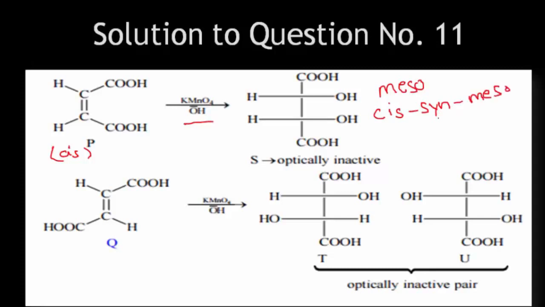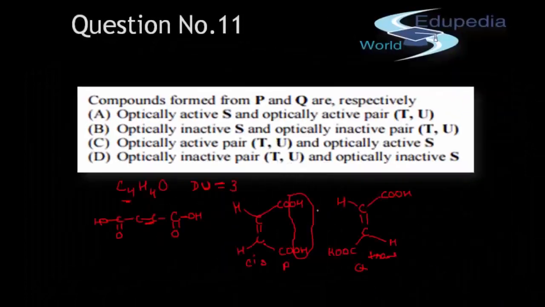This is the rule which you must try to remember, cis, syn, meso. So S will be my structure for P, and in case of Q, which is the trans isomer, I will get a racemic mixture of optically inactive pairs, that is T and U. So this will be my answer for question number 11.